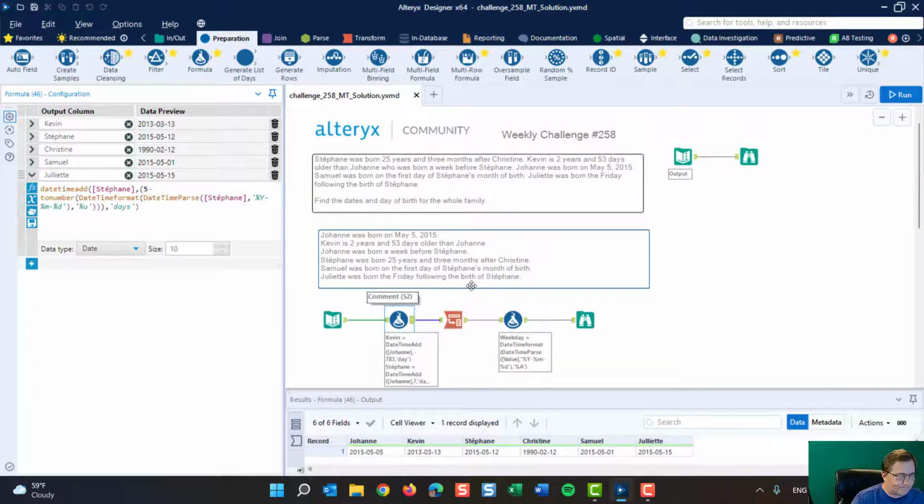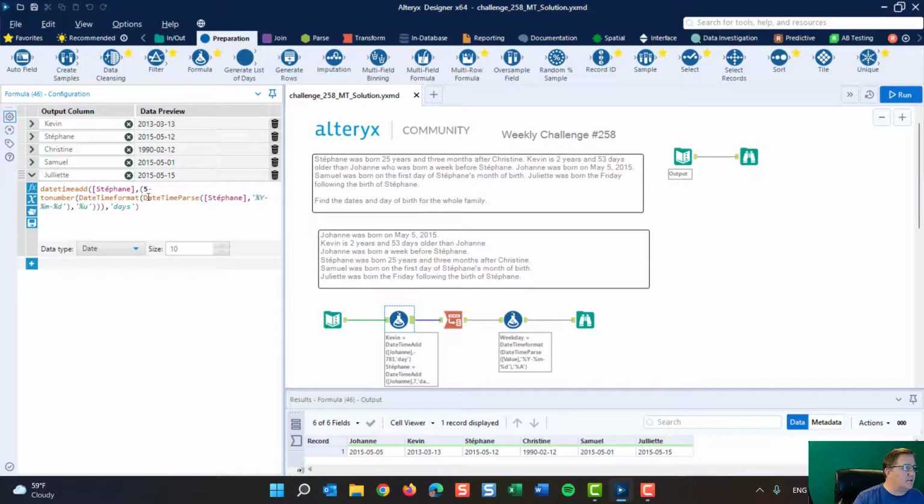Well, we know that you can use the date time add in days, where 1 is Monday, 2 is Tuesday, 3 Wednesday, 4 Thursday, and 5 Friday. So we need to find out what day of the week Stefan was born.